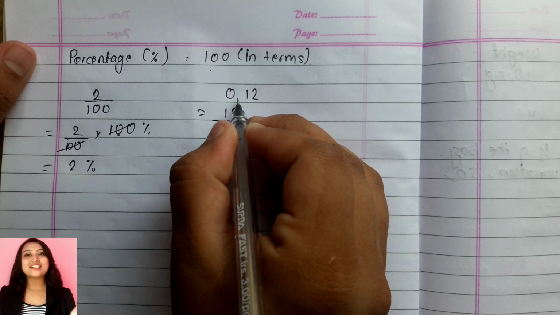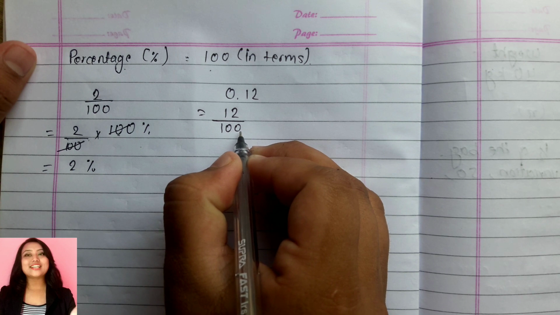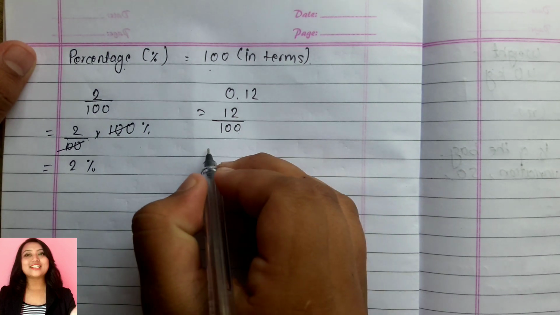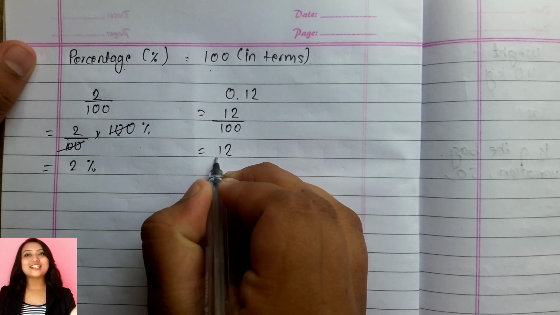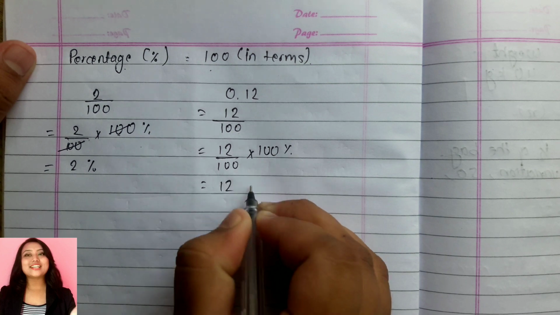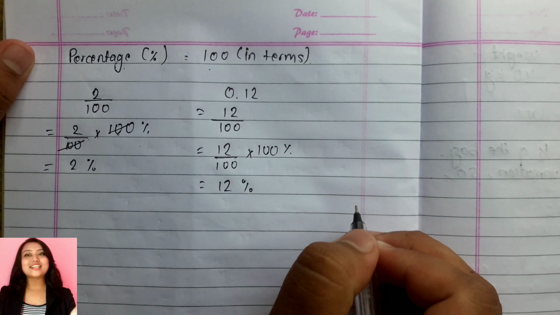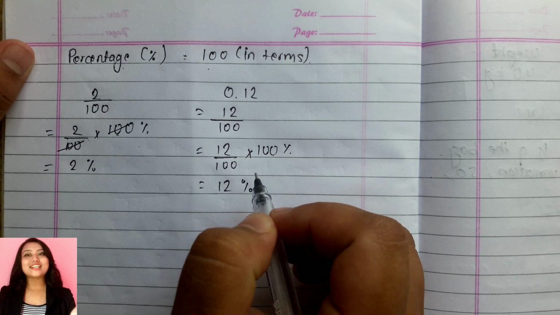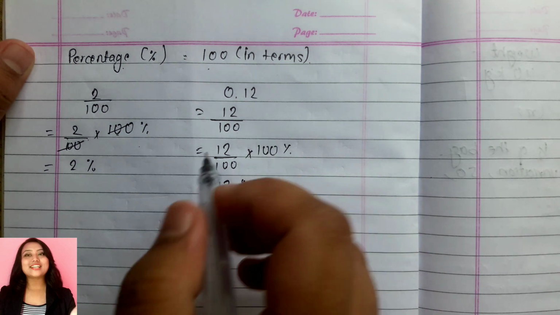After the decimal there are 2 numbers, so 2 zeros will be there. Now you also have to express this in percentage form. For expressing in percentage, it will be 12 upon 100 into 100%. So this will be 12%. This is how a decimal can be converted and expressed as a percentage as well as a fraction.